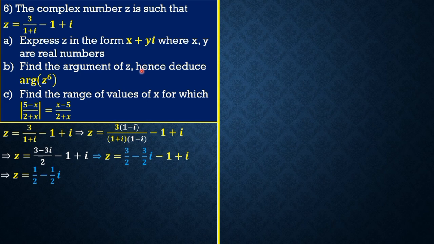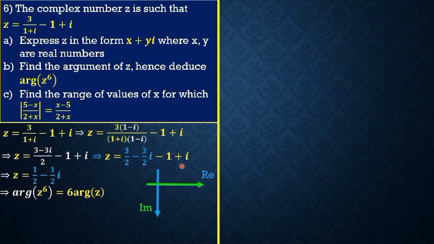Then now, guys, the next part wants us to find the argument of z, and hence use it to find the argument of z raised to the power 6. But friends, let's simply recall that the argument of z raised to the power 6 is the same as 6 times the argument of z. Now, guys, let's get the argument of z. Let's simply recall that if we have an Argand diagram of this form, where this is the imaginary axis, the negative one specifically, then this is the positive real axis.